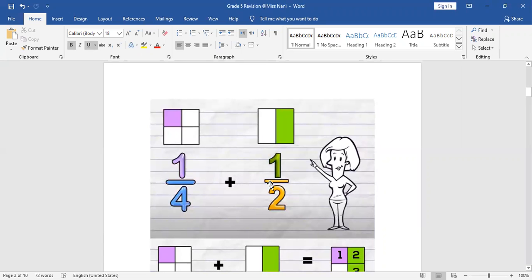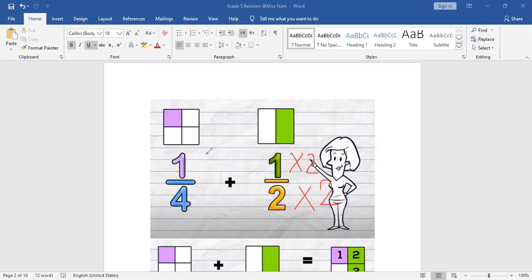How will I do it? I have to get some number. If I multiply it by 2 it will give me 4. So what is the number that if I multiply it by 2 will give me 4? It's 2. So I will multiply here by 2, and I will multiply here by 2.